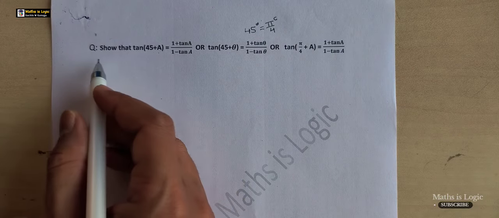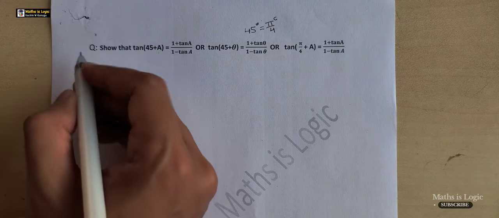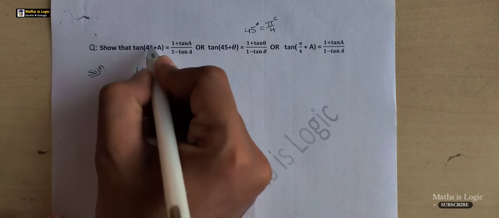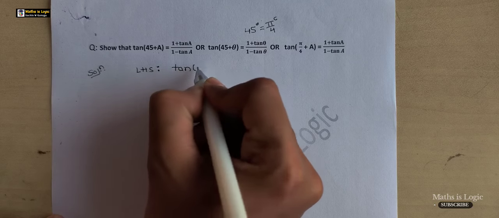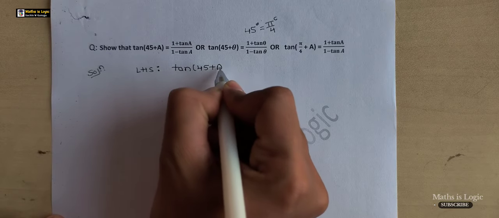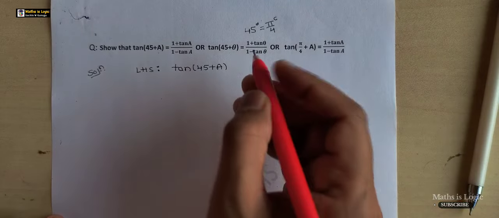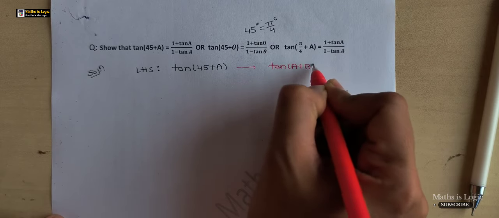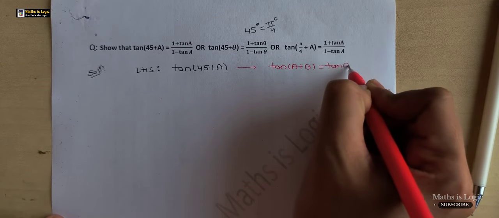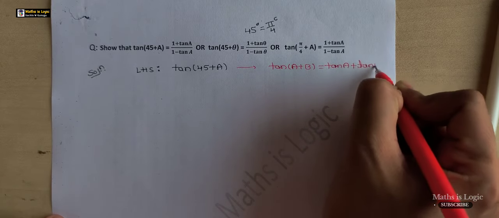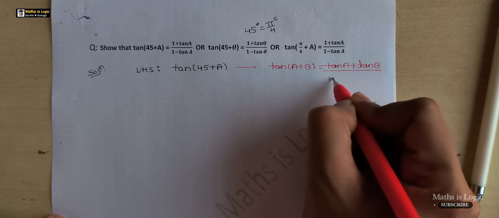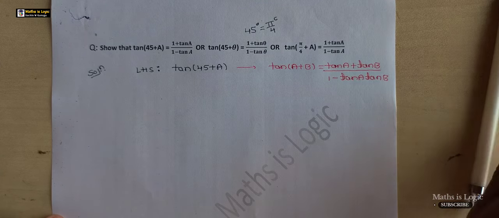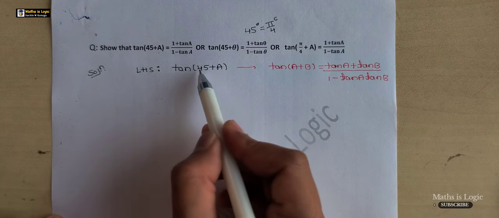So if you want to show LHS is equal to RHS, the first step is to take the left hand side. What is that left hand side? Tan 45 plus A. So this looks like tan A plus B. So apply the tan A plus B formula: tan A plus tan B divided by 1 minus tan A into tan B. Remember, A means 45 degree.